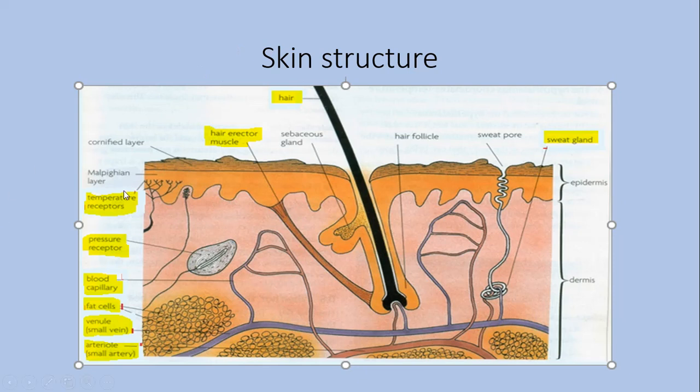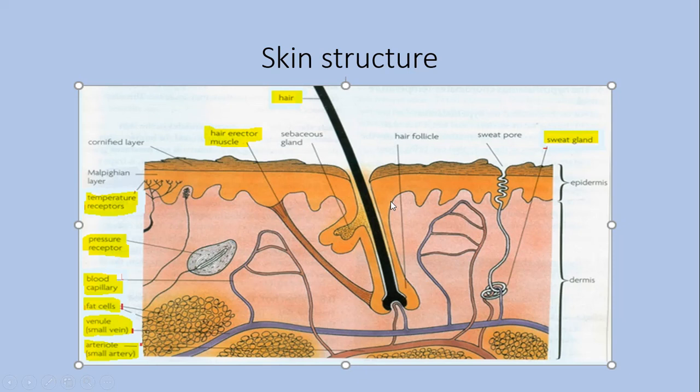The second one, the Malpighian layer, is where renewing or division of cells takes place. So once your skin is renewing, new cells are being made, and they divide at this Malpighian layer. Once they become dry, they go up to the cornified layer. Now they are dead.